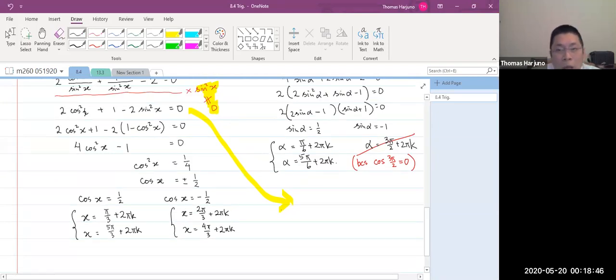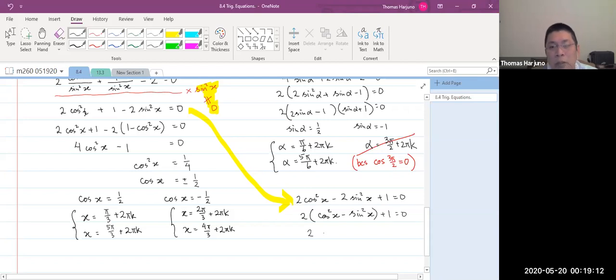So I have 2 cosine squared x minus 2 sine squared x plus 1 equals 0. I factor the 2 out. And we say, oh, the guy inside the parentheses is actually cosine double angle.